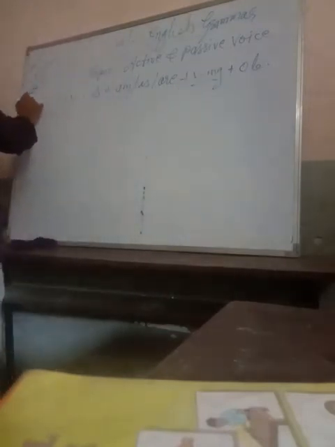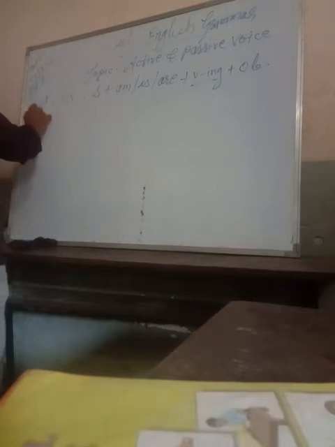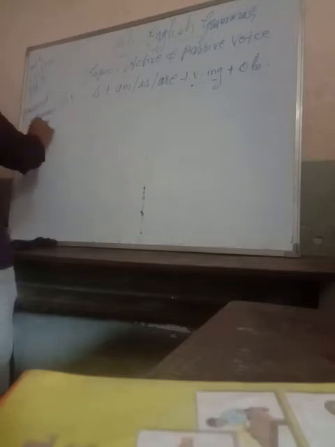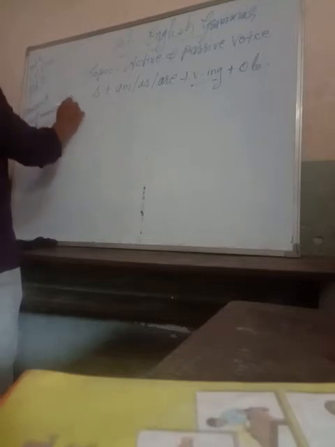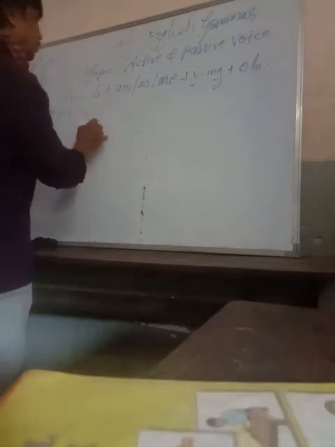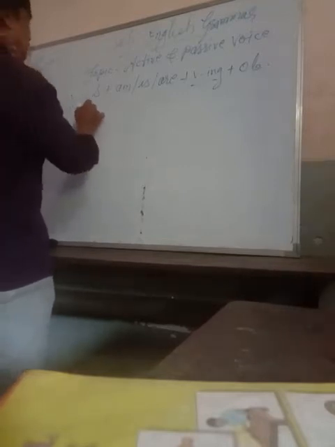You can write here the name of the tense: present continuous tense, active voice. Now when it is changed into passive voice, what comes?